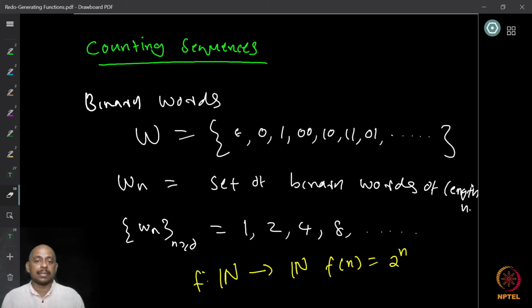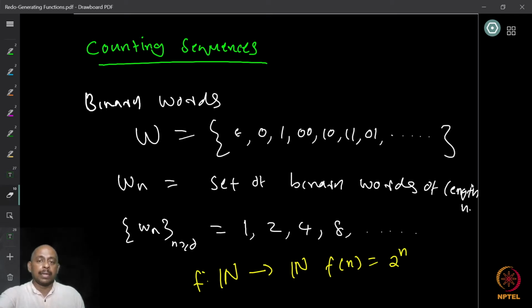Basically, it's a function from the natural numbers 0, 1, 2, 3, etc., with 0 going to 1, 1 going to 2, 2 going to 4, 3 going to 8, etc. So basically, n going to 2 raised to n. So this is a counting sequence because it counts the number of binary words of that length.